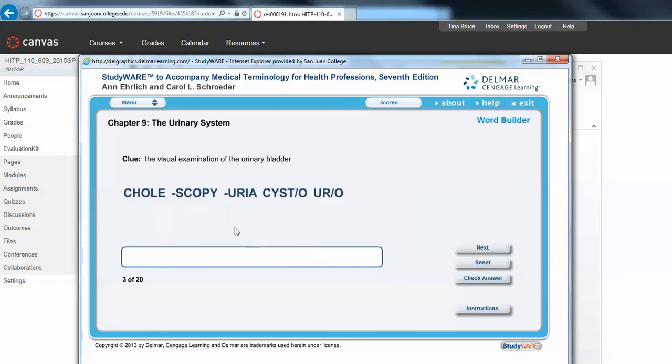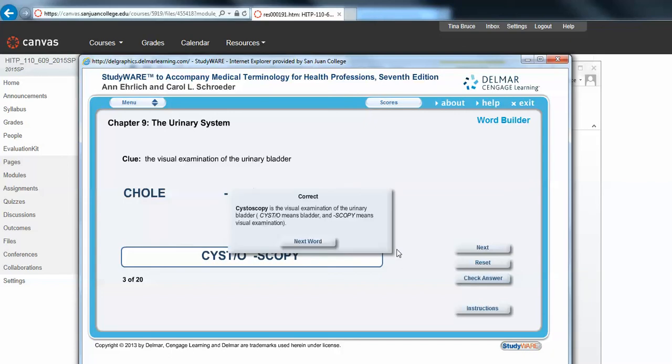Yay! Okay. And then the visual examination of the urinary bladder is a cysto, which pertains to urine. Scopy pertains to visualizing. So cystoscopy. Cysto and scopy means visual examination.